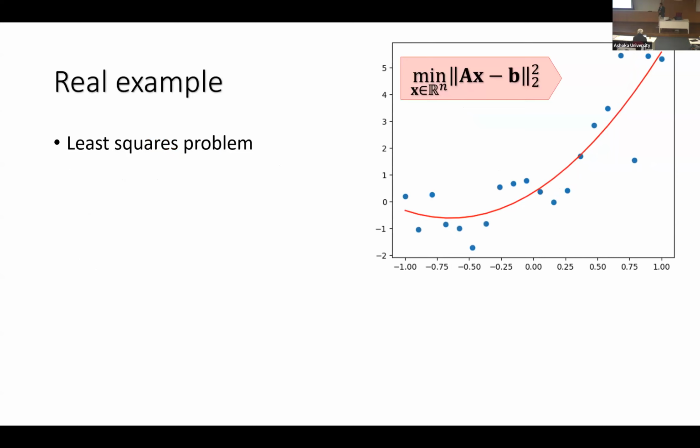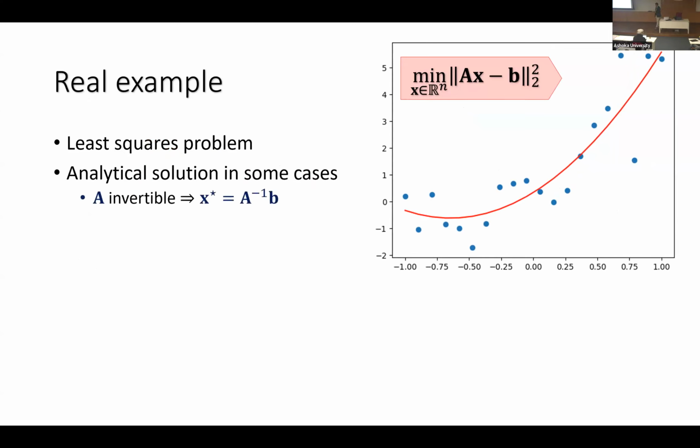And if I give a very simple example of fitting a curve through some points, fitting a quadratic function, for example, through some points. Has everyone seen this problem? The least squares problem, or you could say linear least squares problem. You can find the analytical solution in some cases.